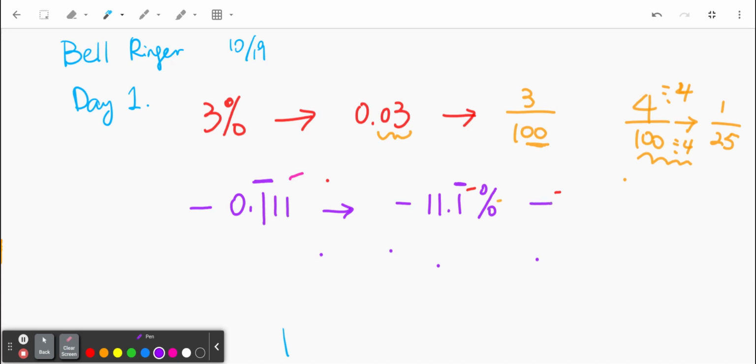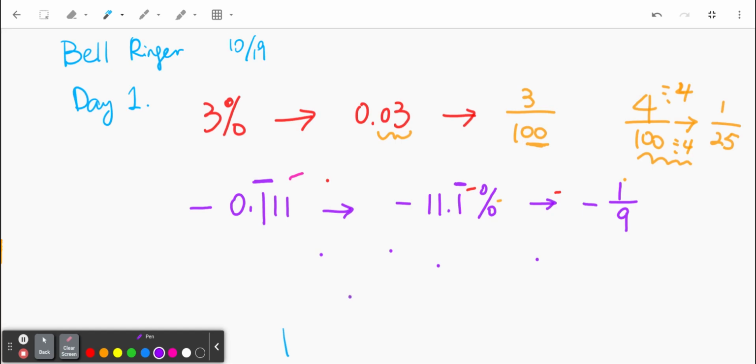But if you change that into a fraction, it's 1 over 9. Changing that into a fraction is negative 1 over 9. It's all twisted in my head.